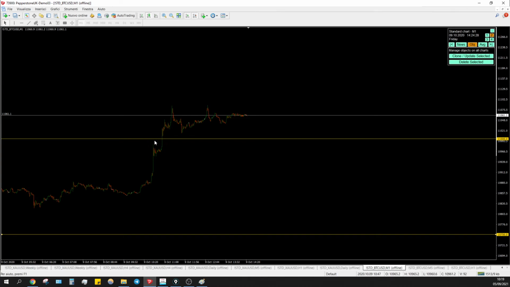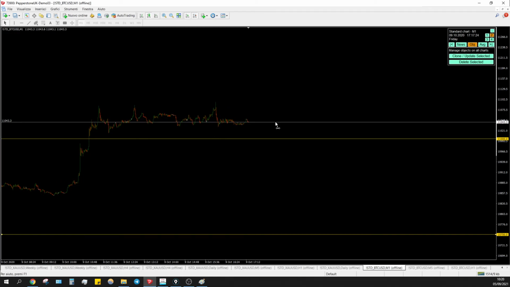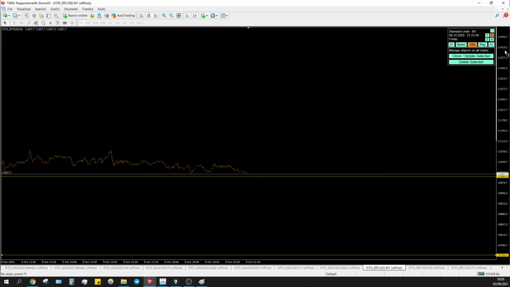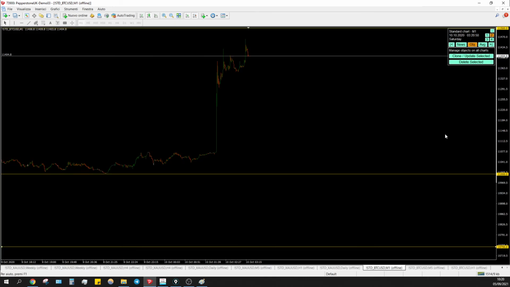So it looks like we broke the resistance of 11,000, giving you break and retest and then continuation up. Oh, nice move.